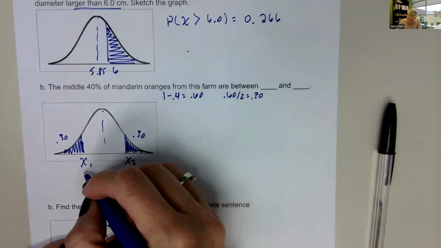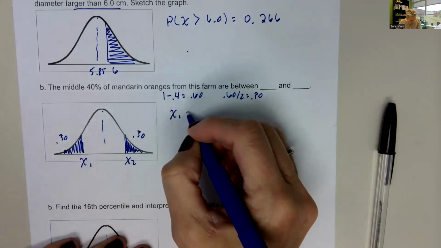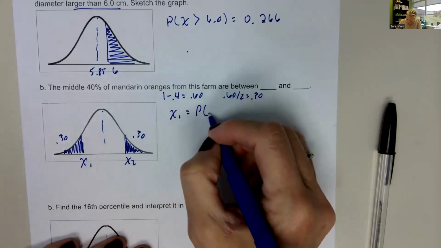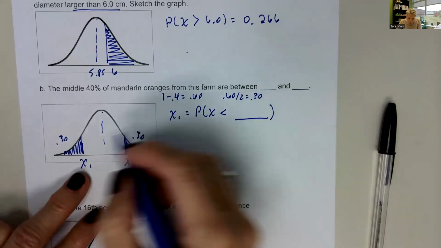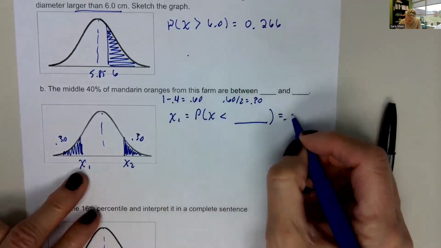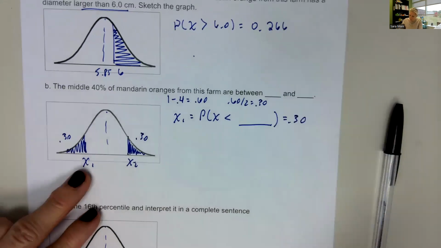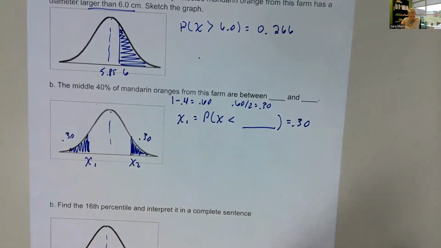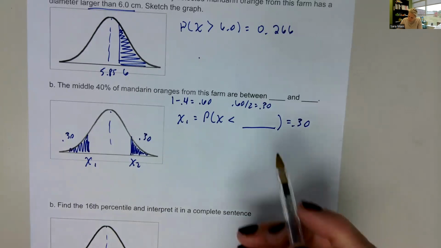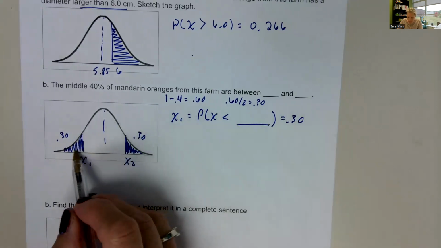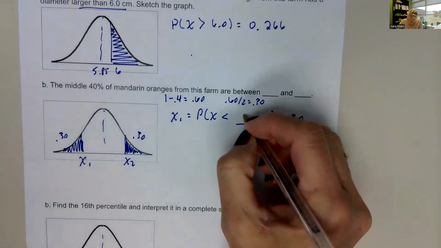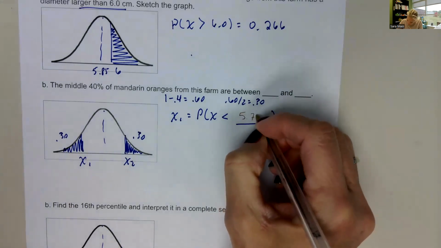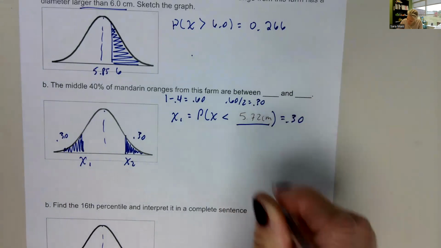So the lower one, x1, can be found with a less than: a diameter where 30% is fewer than that. When we do the inverse, that one lines up because we have the left tail already, and that comes out to be 5.72 centimeters.